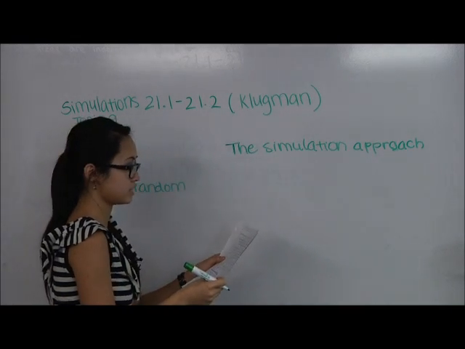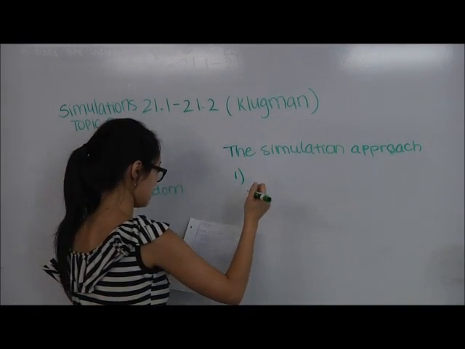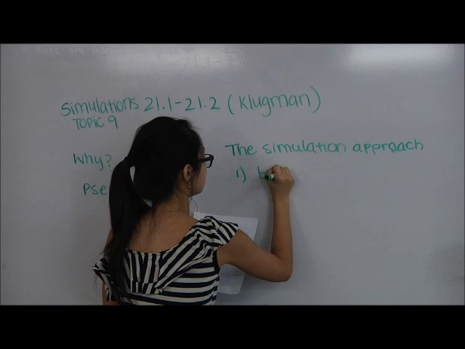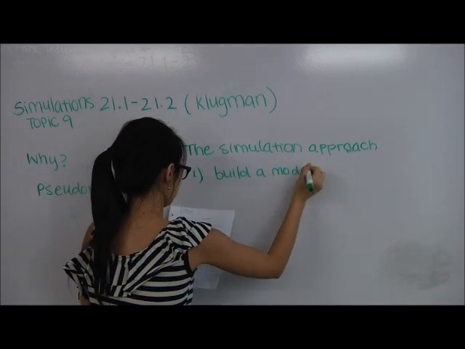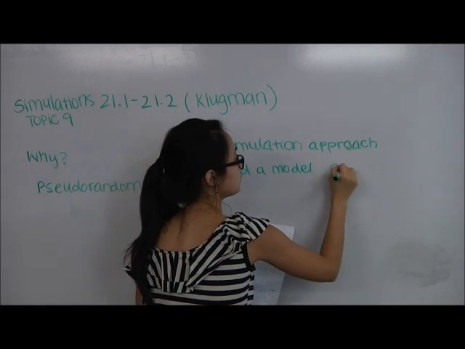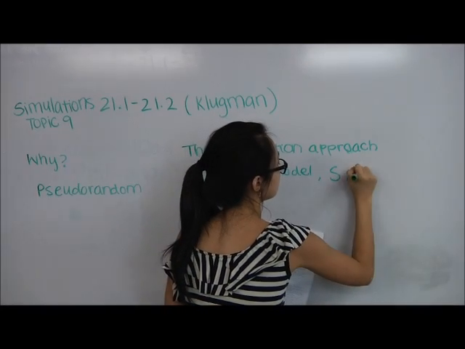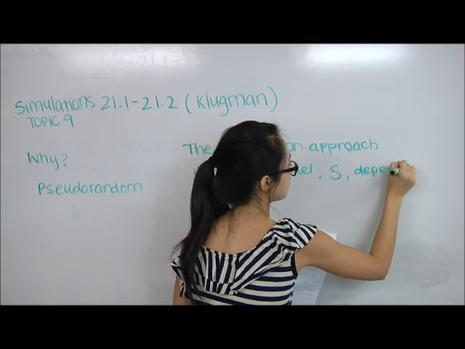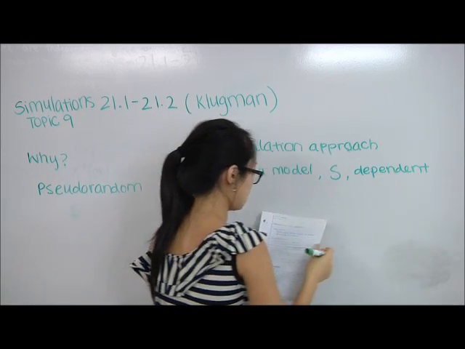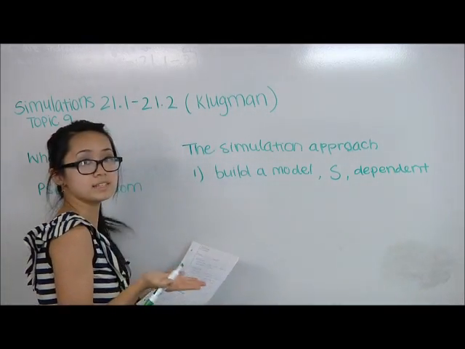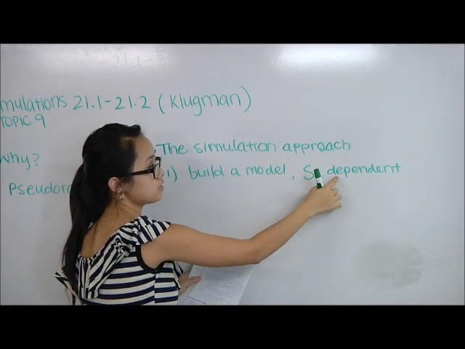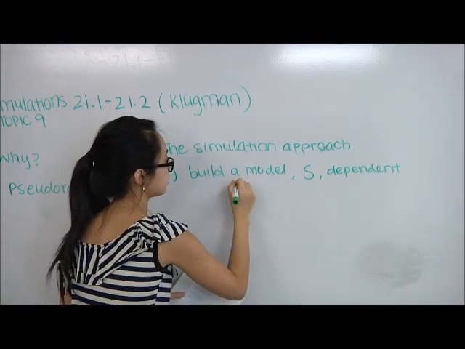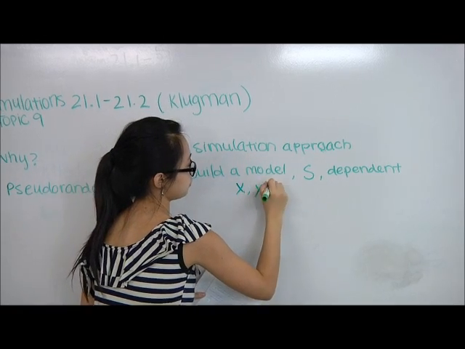The simulation approach has 4 steps. Step 1 is you build a model for S, which is dependent on random variables X, Y, Z, etc. You know their dependencies and how X, Y, and Z are distributed.